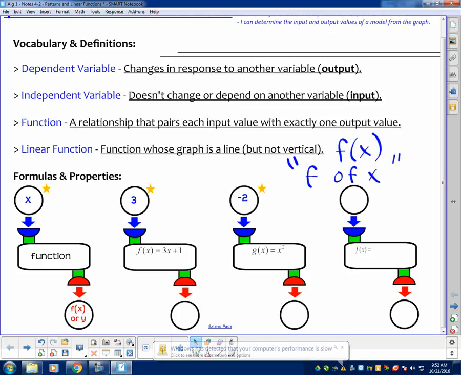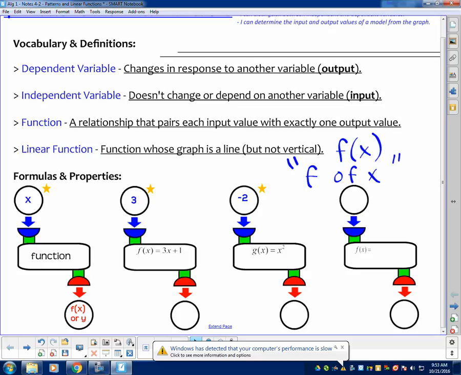So if I plugged in 3 to this function here, go ahead and do the algebra.